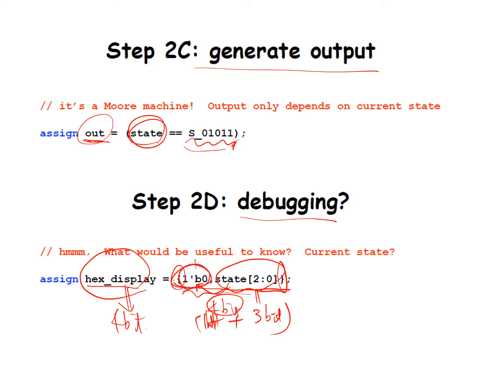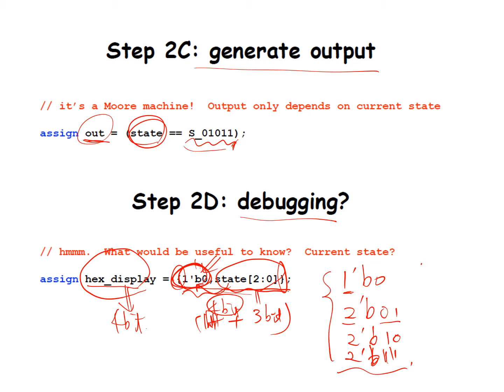This is the way we describe the number: 1'b0 means 1 is the number of bits. 2'b01, a 2-bit 01 pattern, 2-bit 10 pattern, 2-bit 11 pattern, like this. In Verilog, we want to describe more clearly the number of bits and the value. So this is the format that we use.